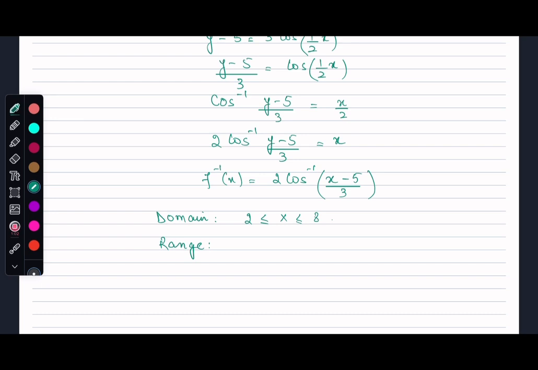And for the range, I should be writing 0 less than or equal to f inverse x less than or equal to 2 pi. I have just flipped the domain and range of the given function to get the domain and range of the inverse function. So this is how we can relate trigonometry to functions also.